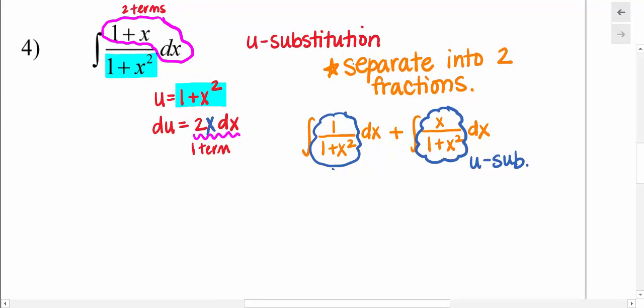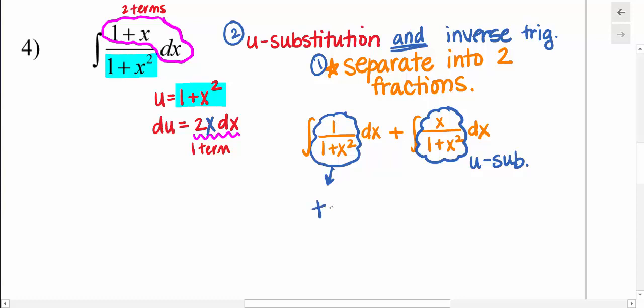So I'm going to say first separate it into two fractions, then you have U-substitution and inverse trig in the same problem.